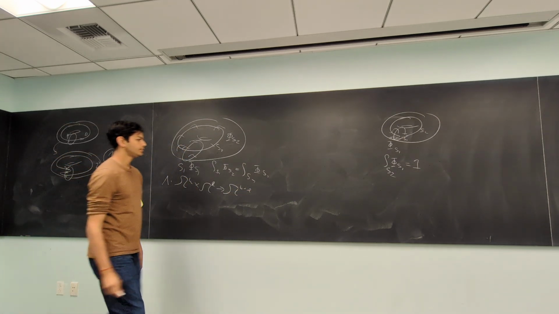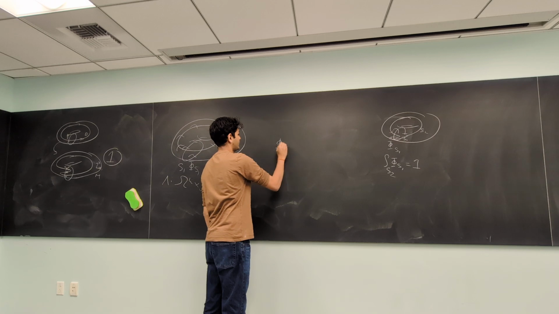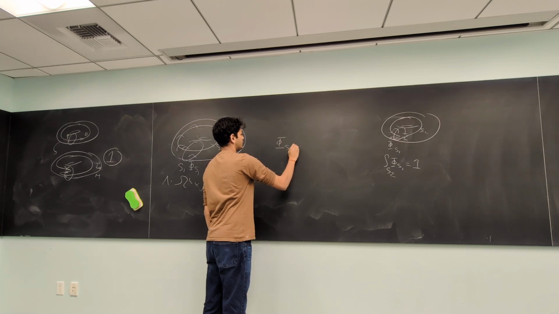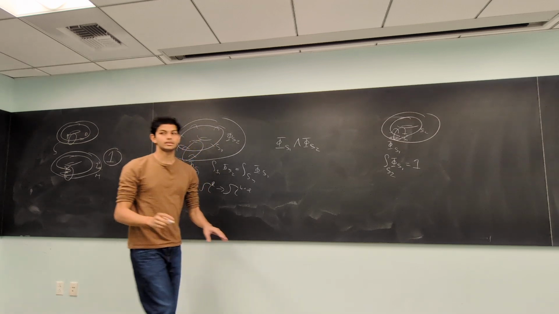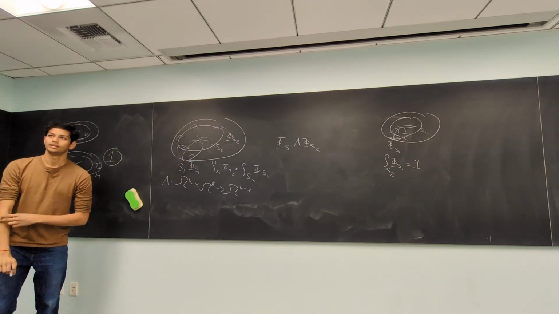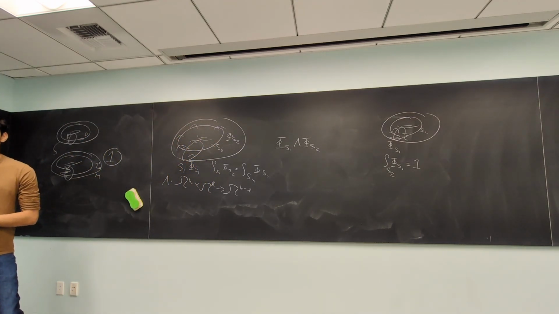So if we apply this here, and we take phi of S1 wedge phi of S2, what is this going to look like? It's going to be super bumpy.